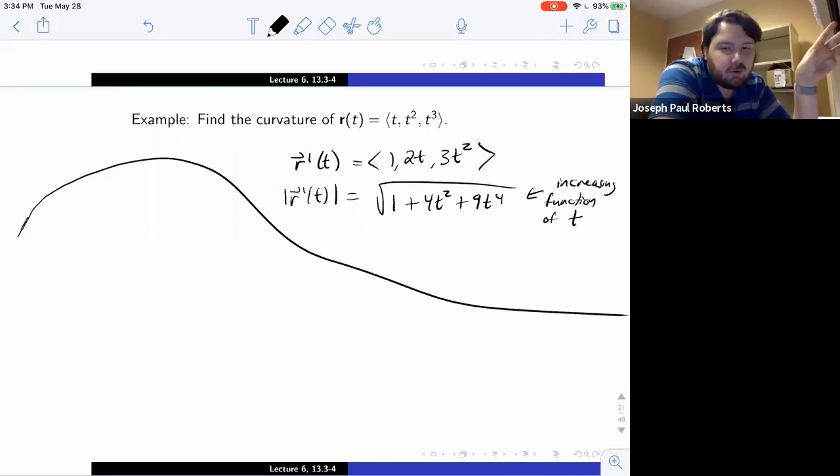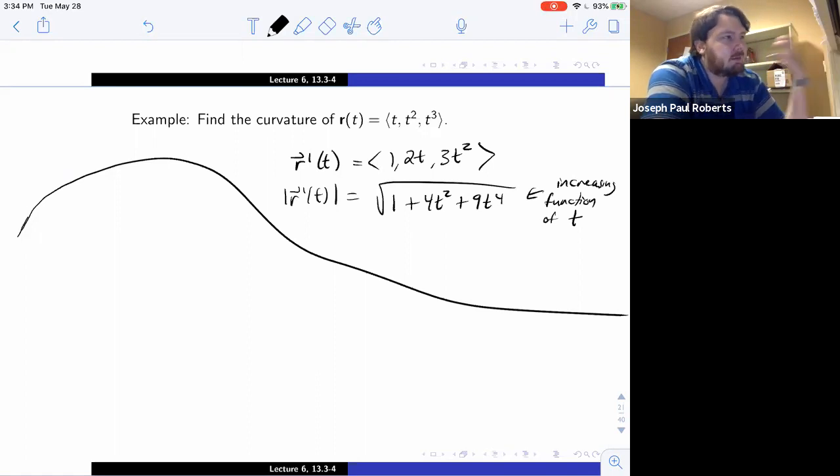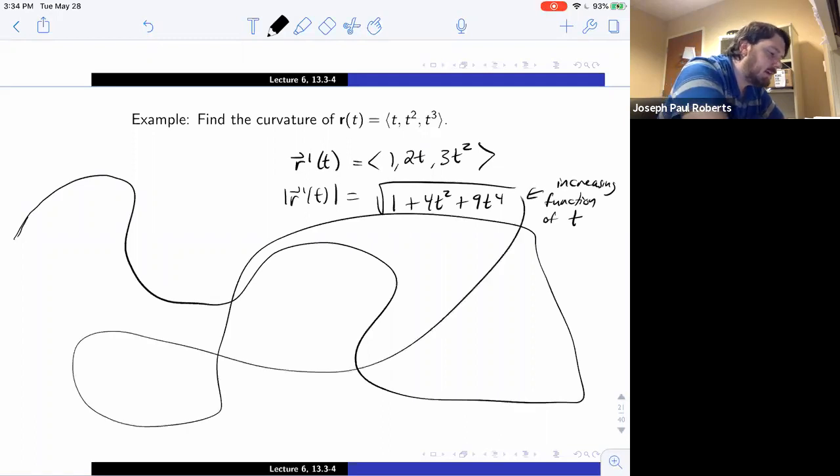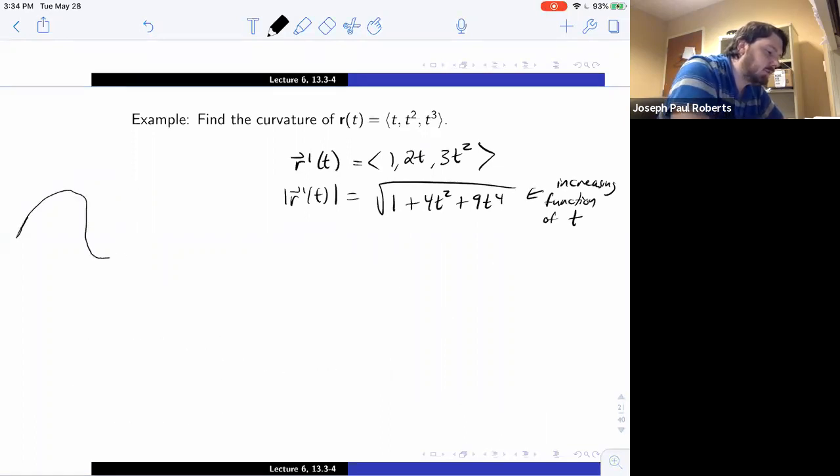All of this is basically motivating this idea of curvature that we're working our way towards. If we take derivatives with respect to t, we're asking ourselves, how does something change with time? But it turns out I might instead want to talk about how things change with respect to distance traveled. So there are some things we're going to want to do where, instead of it being slow and then fast and then slow and then fast, we'd prefer to have it at a nice uniform rate.